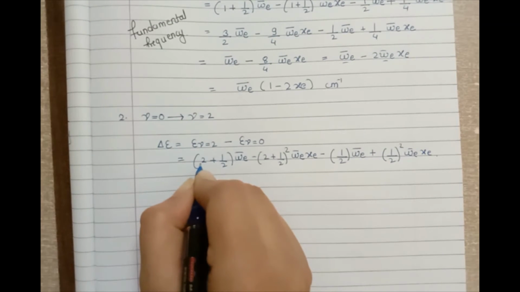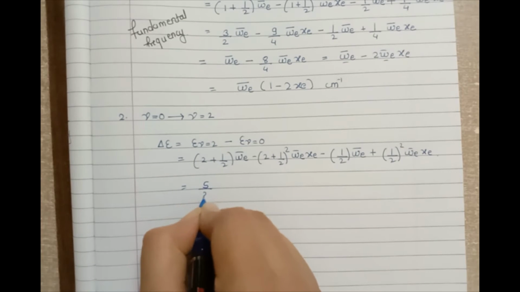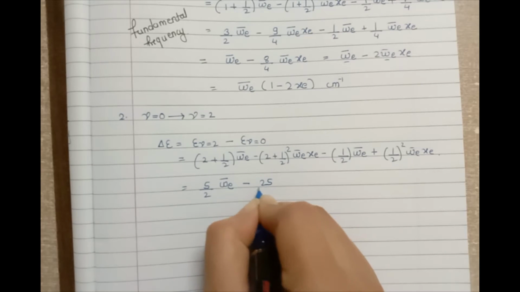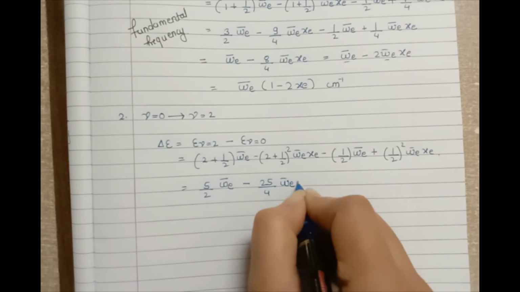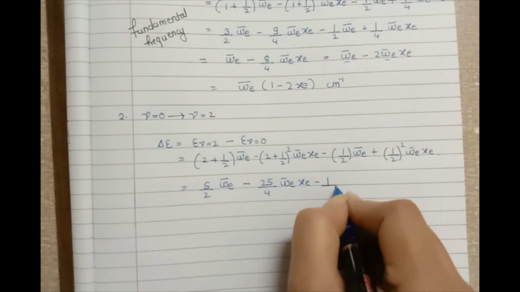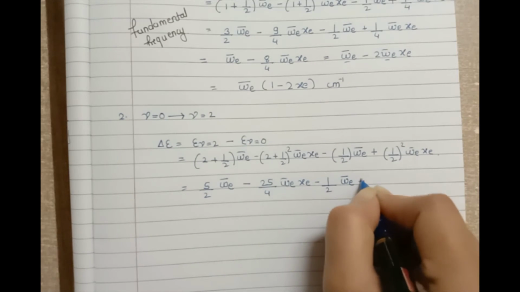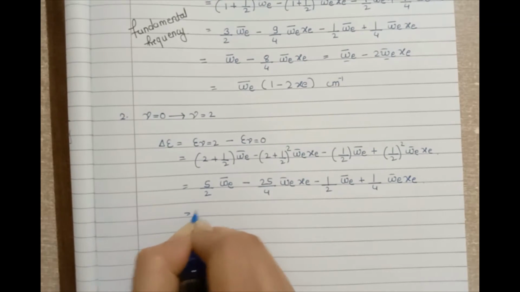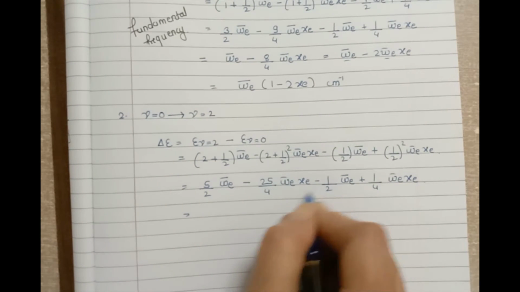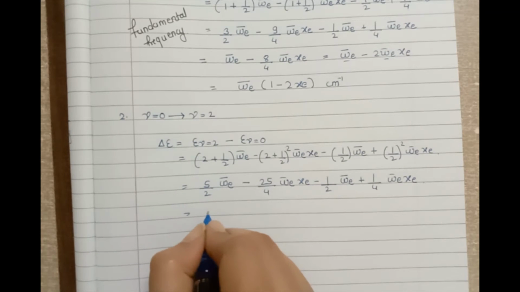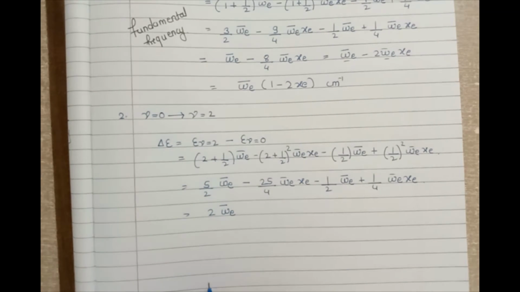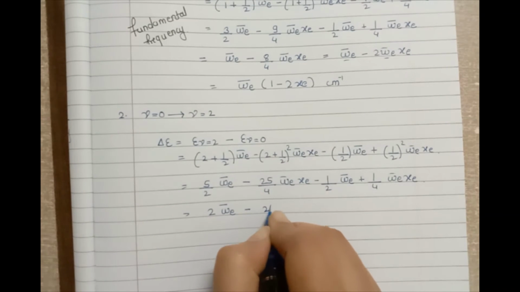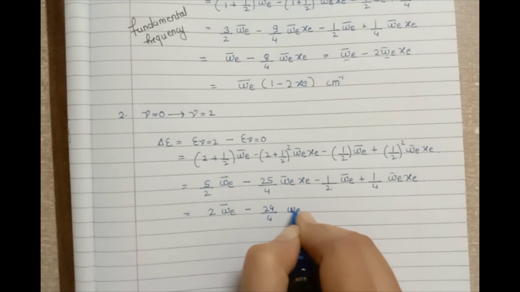So now 2 into 2 plus 1 is 5/2 ω̄e minus this is 25/4 ω̄e xe minus 1/2 ω̄e plus 1/4 ω̄e xe. So now 5/2 minus 1/2 is 4/2, and 4/2 is equal to 2 ω̄e, minus 25 minus 1 is 24/4 ω̄e xe.